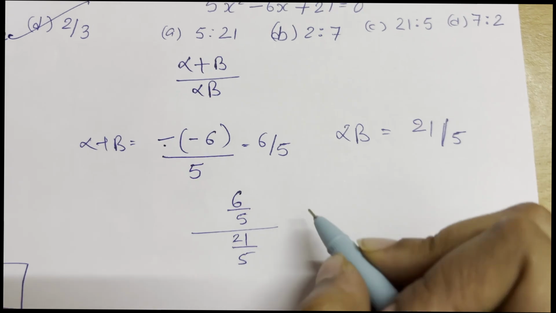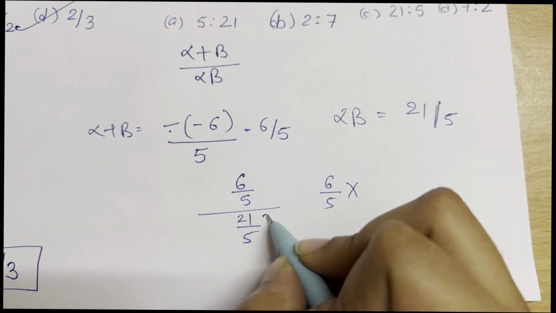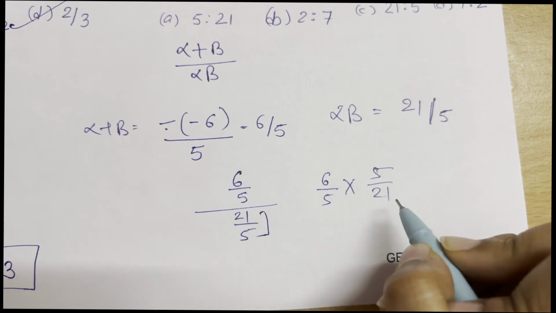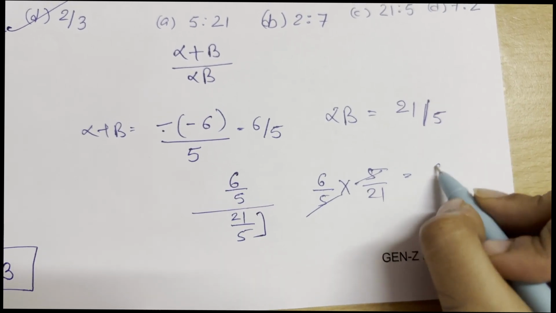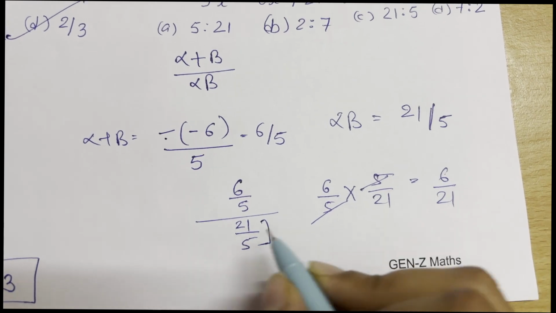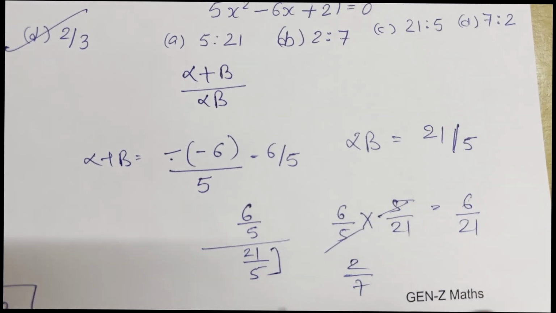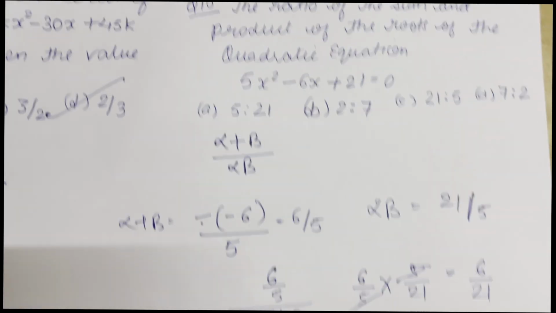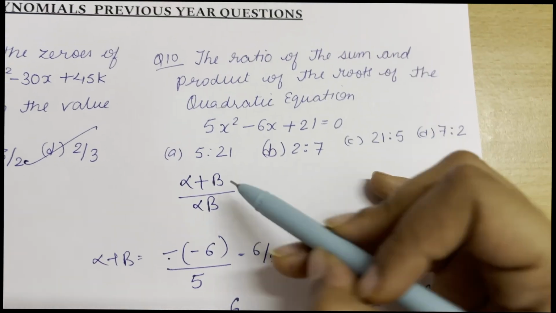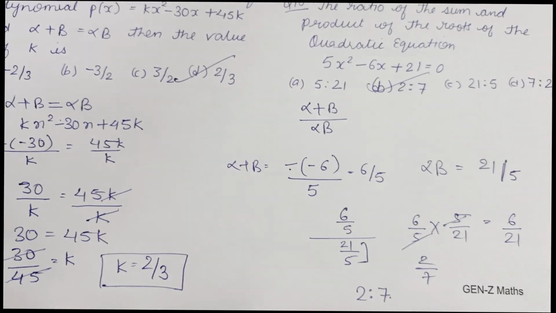In double fractions, the denominator gets reciprocated. The 5 got cancelled by 5, that is 6 by 21. On dividing both numerator and denominator by 3, we got 2:7 is the answer. When you match the options, option number B is correct, that is 2:7 as we have solved.